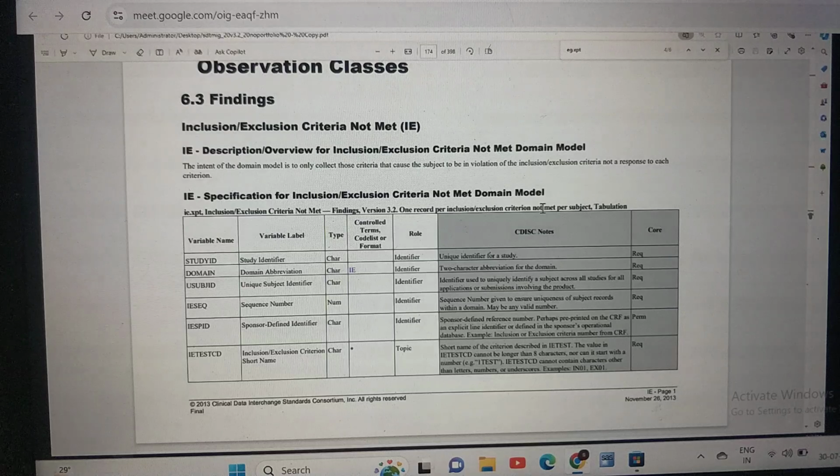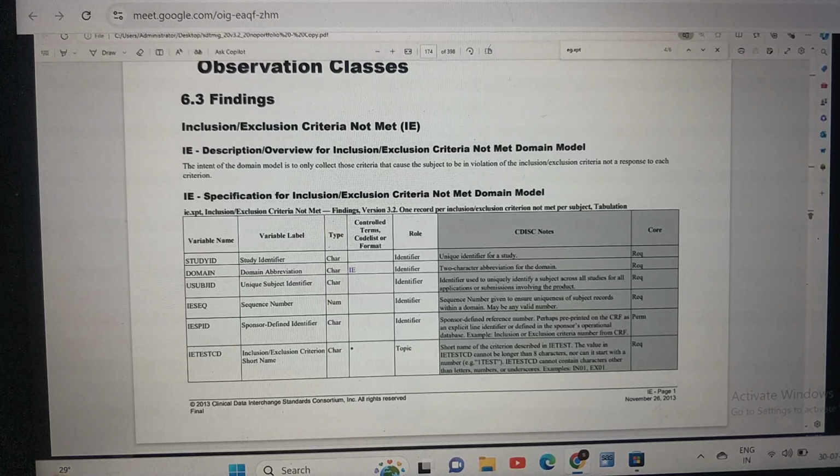That is the inclusion exclusion criteria. In any clinical trial this will be mentioned in the protocol, and based on the requirement they will design it. For example, if you have 10 inclusion criteria, the subject should meet all 10. If you have 10 exclusion criteria, the subject should not meet any one of them. If he meets one of the criteria, then the subject will not be enrolled in the study.